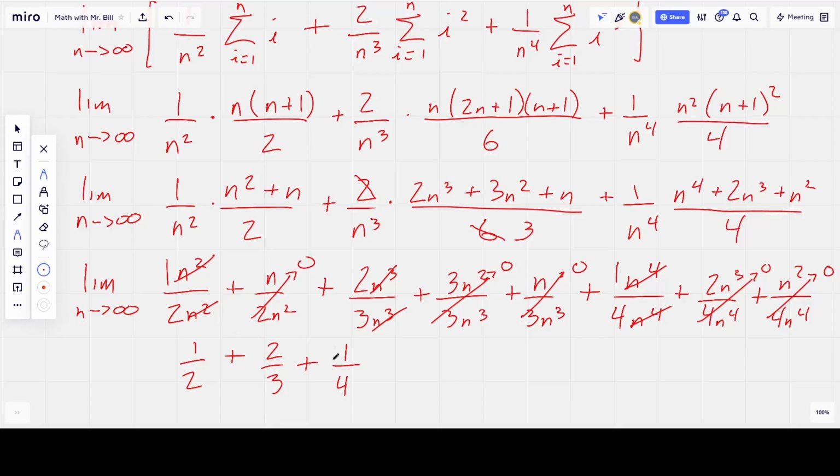If we get a common denominator, each of those go into 12. So we get 6/12 plus 8/12 plus 3/12, and we add those together and get 17/12. And there's the sum. That's going to be our integral from 1 to 2.